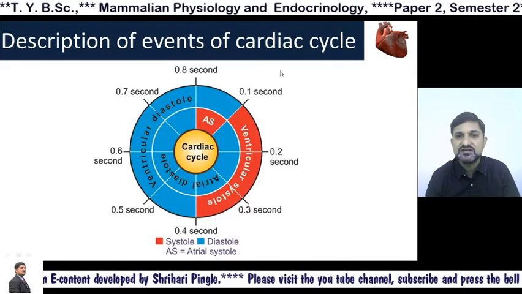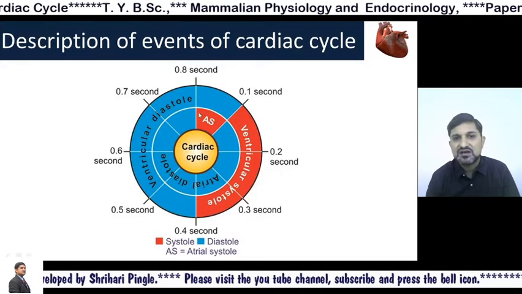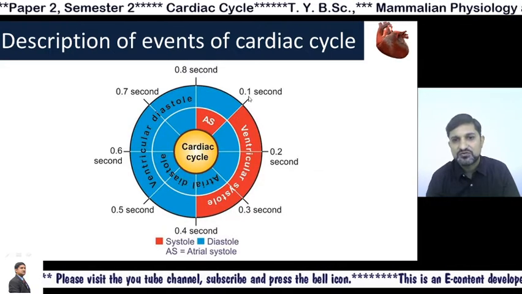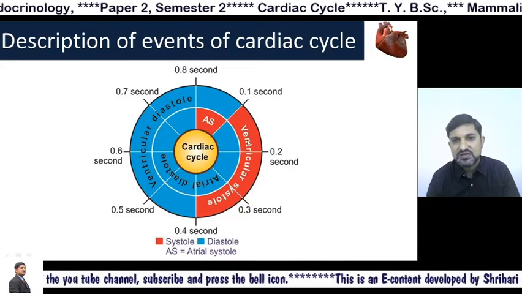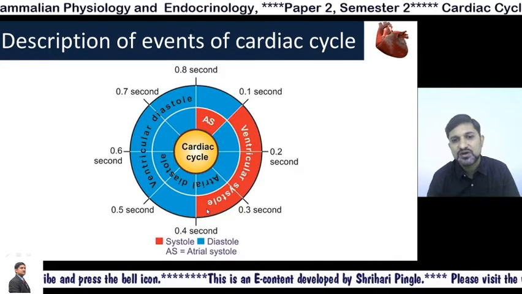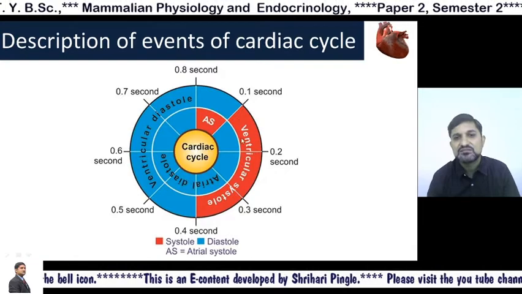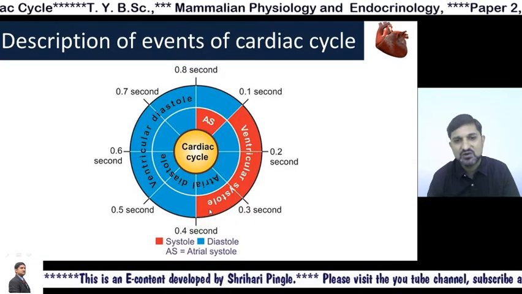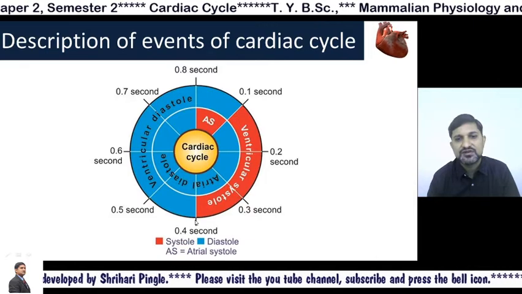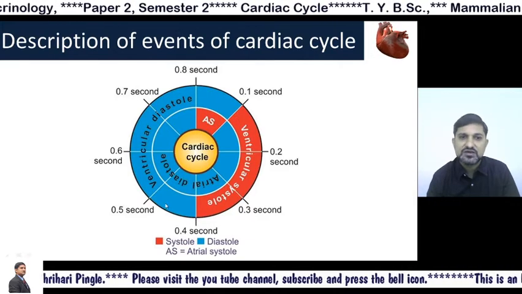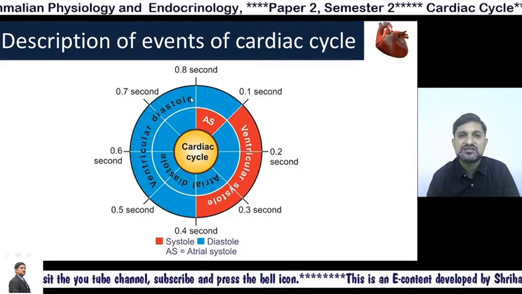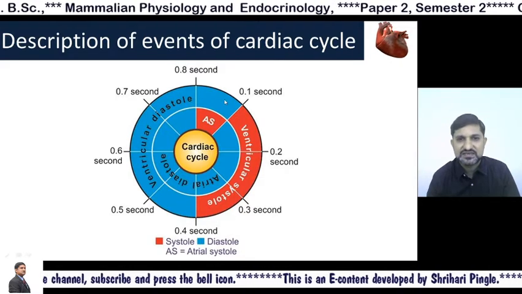So we can see here that the auricular systole lasts for around 0.1 second. Ventricular systole starts after 0.1 second and lasts till 0.4 second of the cycle. That means around 0.3 second in all. After that, that means after 0.4 second when ventricular systole has completed, ventricular diastole starts and it is completed in nearly 0.5 second.